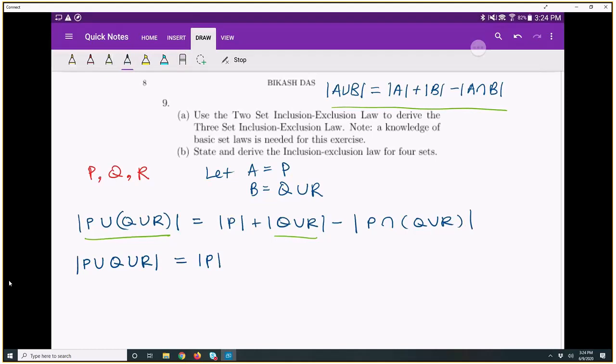So it looks like that should be the cardinality of Q plus the cardinality of R minus the cardinality of Q intersected with R. So that is just this much.